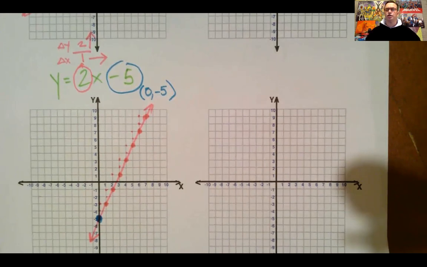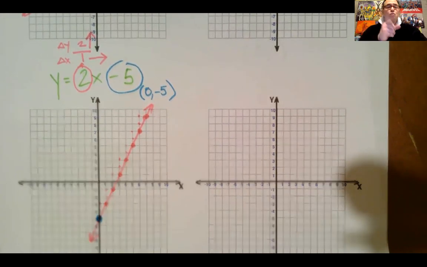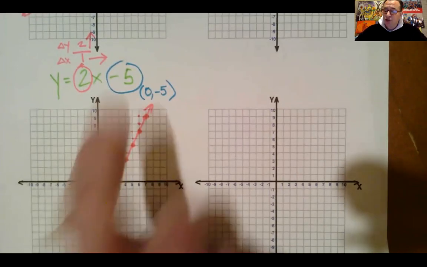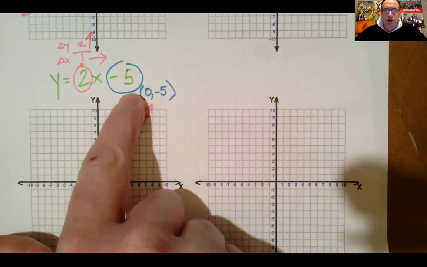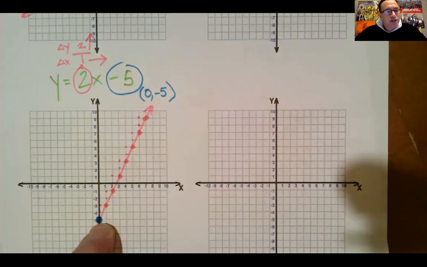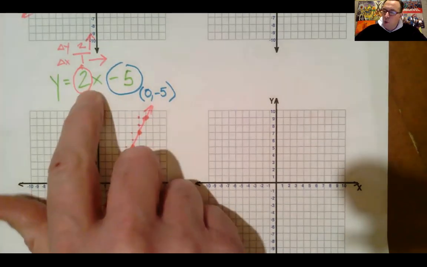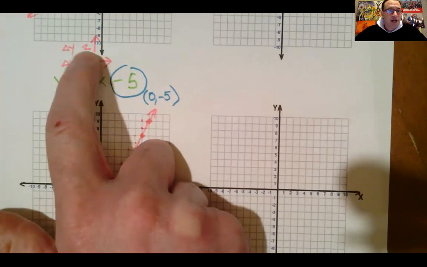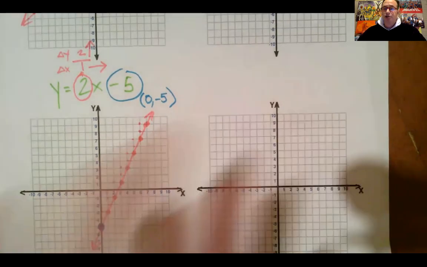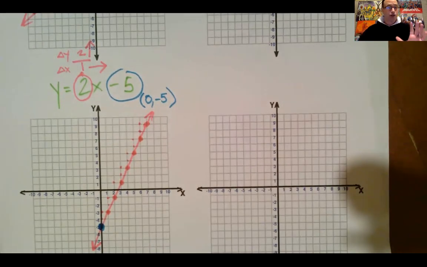How do you know which direction you're supposed to go? That's a great question, actually. What you want to think about is this. The start value is always the place you start. So that part basically anchors your line. That's where we start. To know which direction you're supposed to go, once you have written your slope as whatever fraction it's going to be, that top number of the fraction, no matter what, is your change in y.